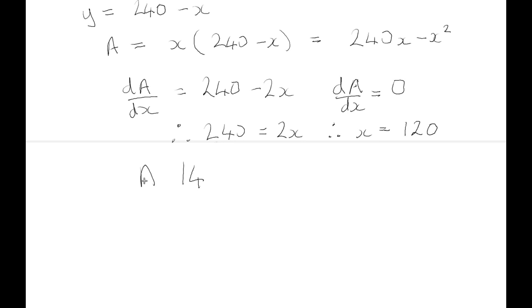Let's give it a title, area equals 14,400 meters squared. Okay, remember that number, 14,400.